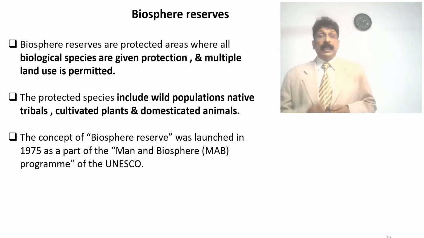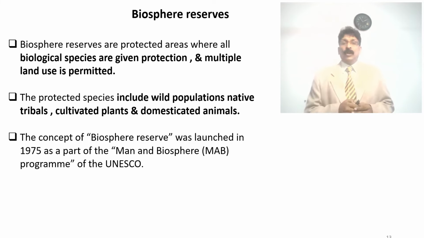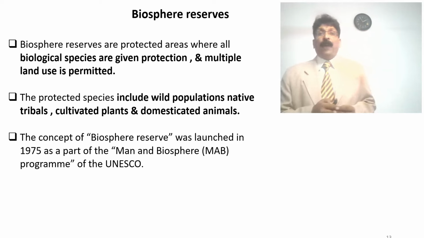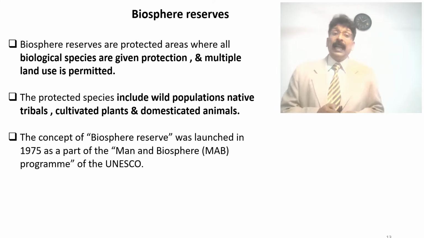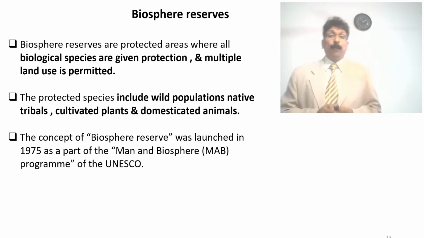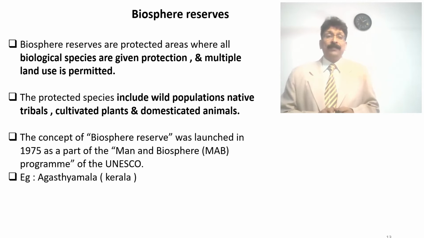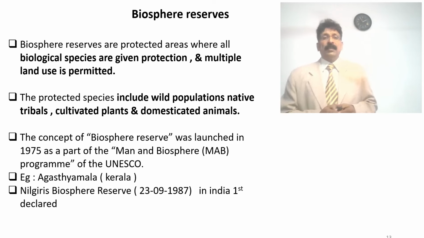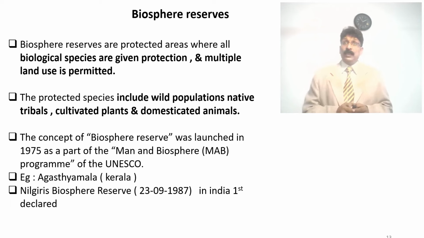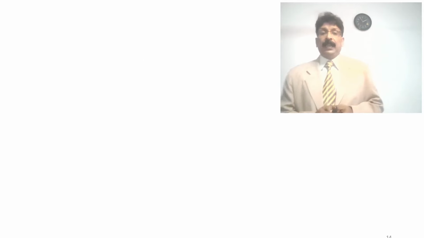The concept of biosphere reserve was launched in 1975 as a part of Man and Biosphere, MAB, the program of UNESCO. Example, Agastya Mala in Kerala, Nilgiris Biosphere Reserve, first declared in India on 23/9/1984.